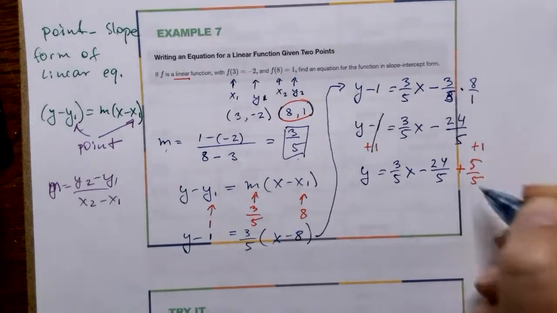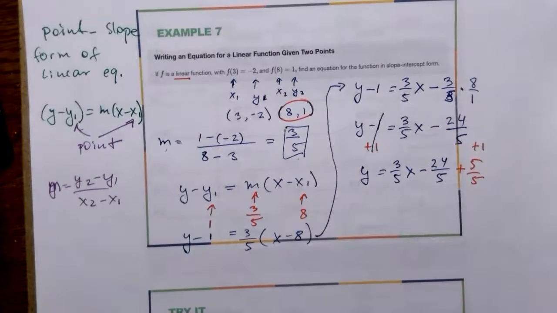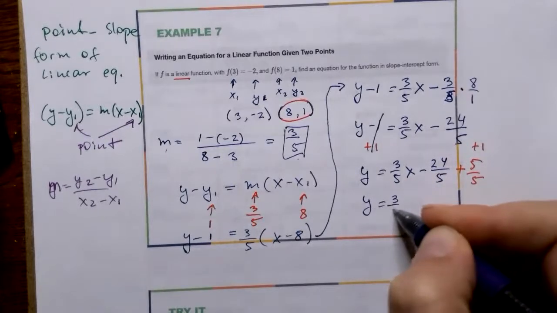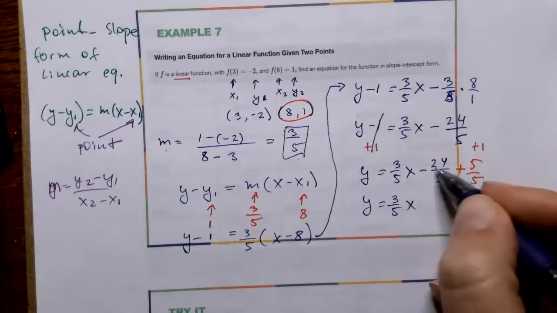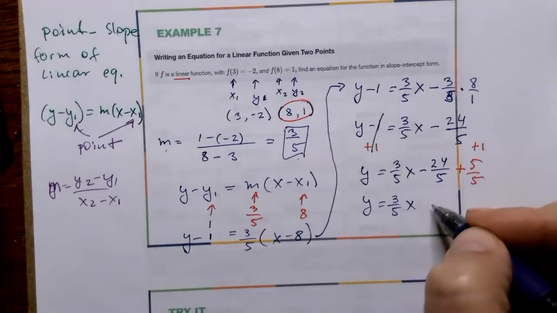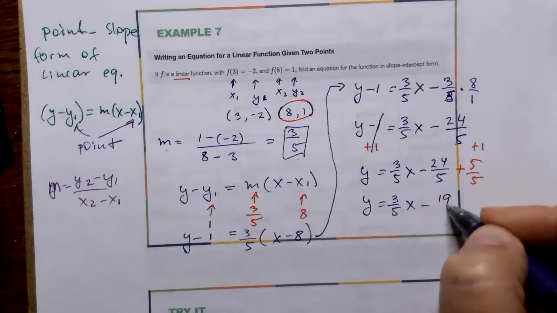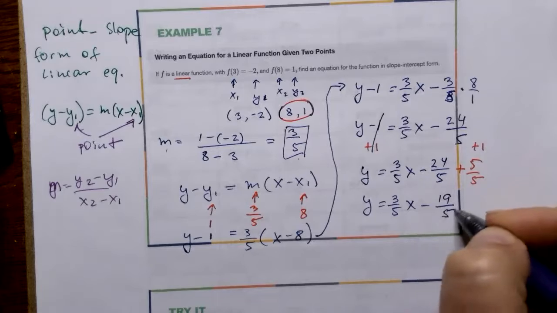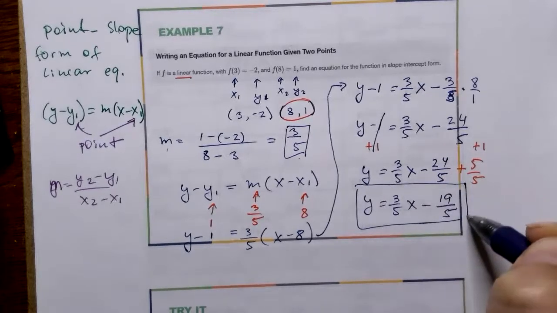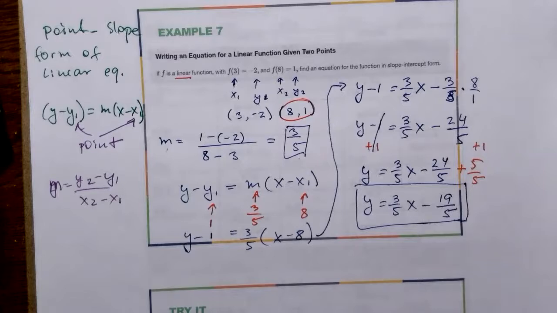I need the same denominator in order to combine the numerators. So keep on solving. Negative 24 and a positive 5 give me negative 19. It's going to be negative 19 fifths. And this is it. I will leave this equation in this form.